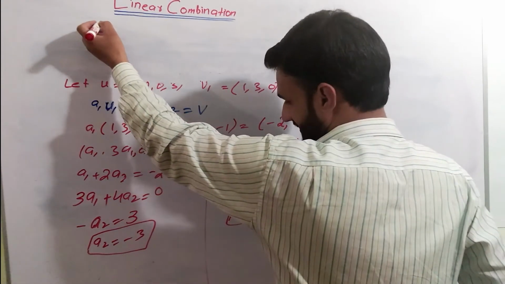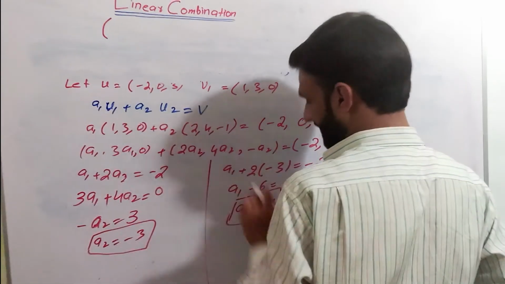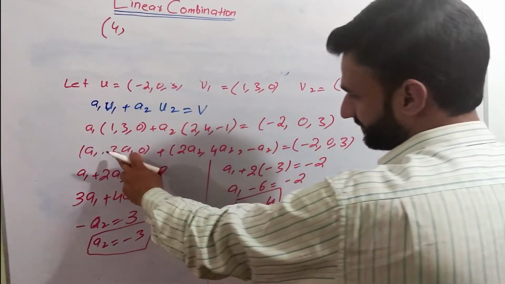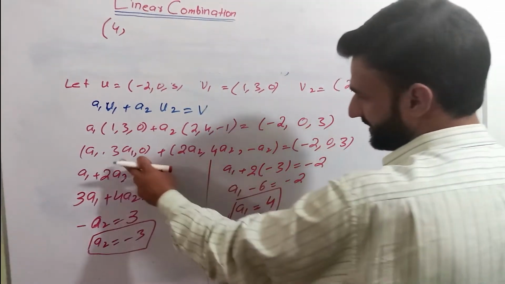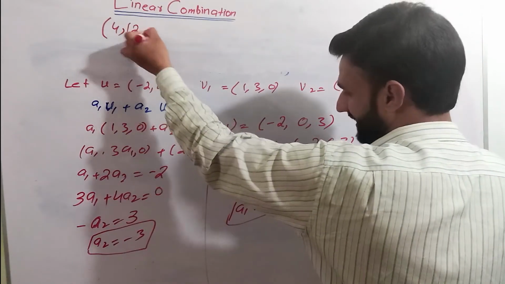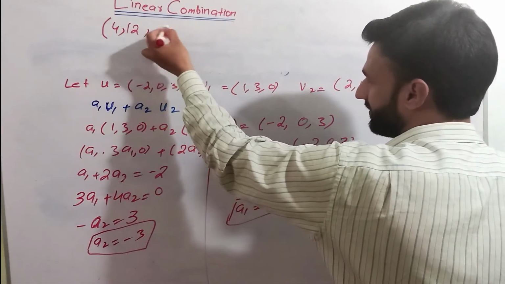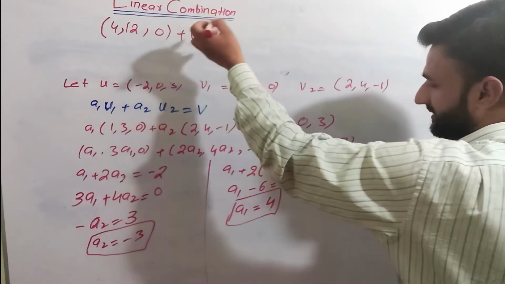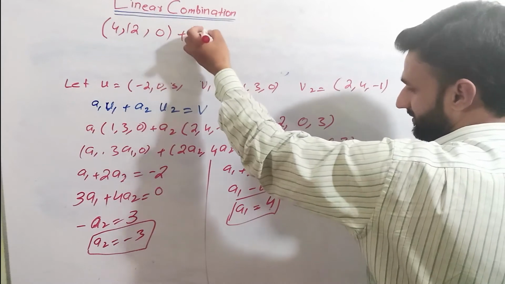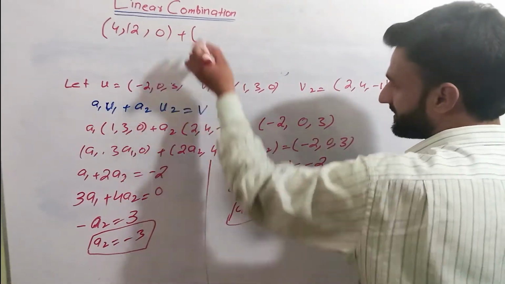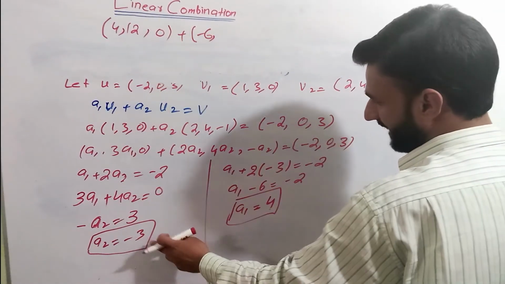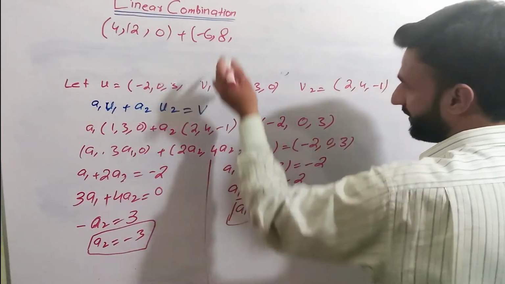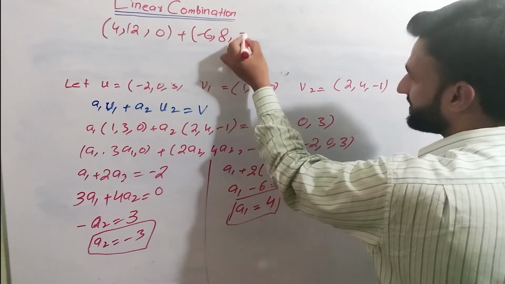So here a1 is equal to 4, so here will be 4 into 3, 12. Here will be 0, plus this expression, here will be negative 6, this value will be 8, and this value here will be positive 3.